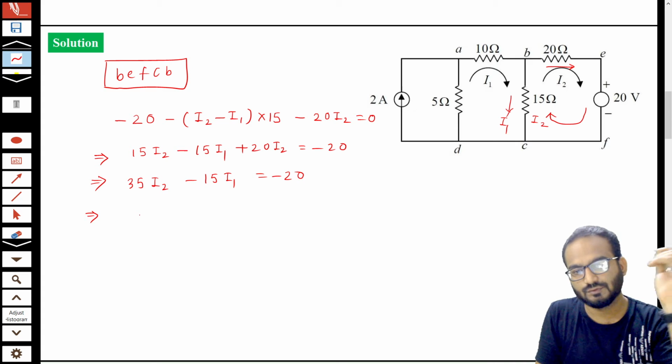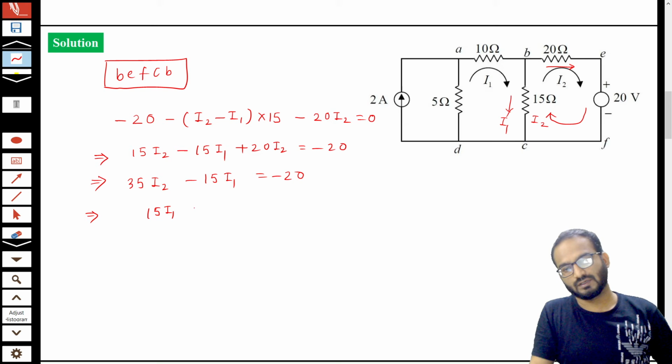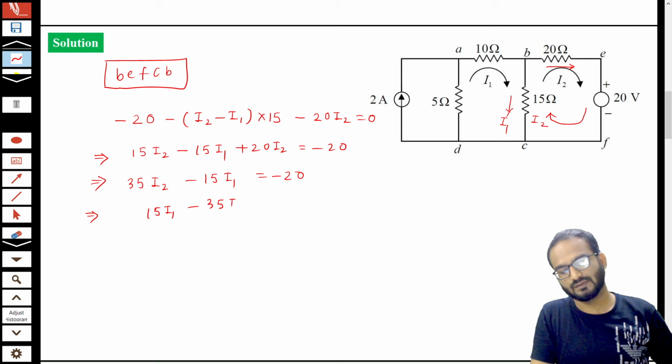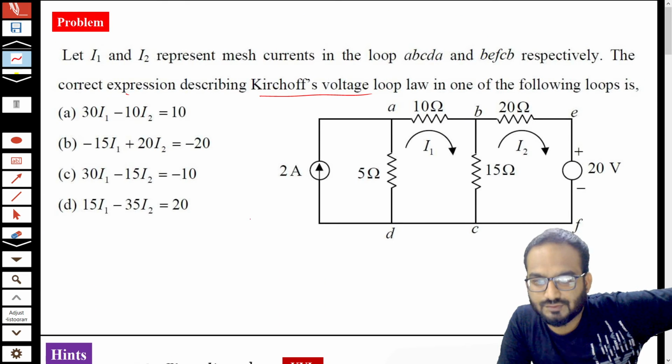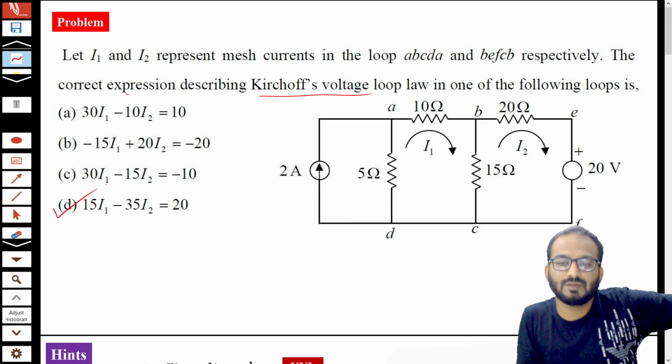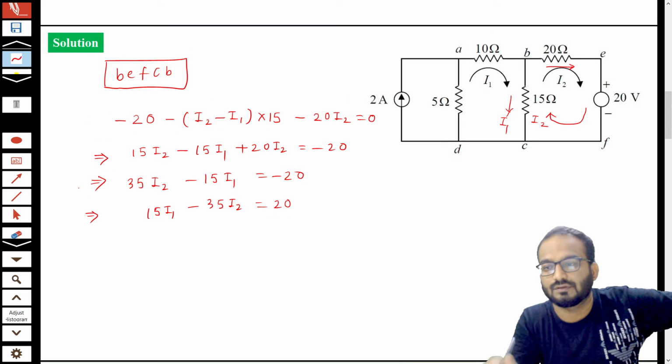This will give you 15 I1 minus 35 I2 equals 20. Is it matching with any of the options? 15 I1 minus 35 I2 equals 20. It is matching with option D, so option D is the correct option for this question.